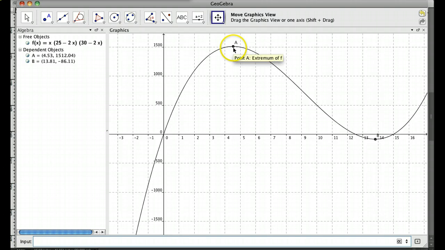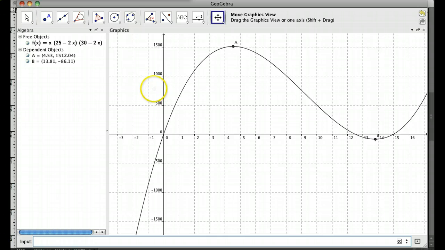One is A, and at point A, obviously it's a local maximum, and point B is a local minimum, and this one doesn't make any sense to us. So that's the only thing we're looking for. At this point, you can look back here. The point A has an x coordinate of 4.53, and 1512.04 is actually the maximum value when x equals 4.53.